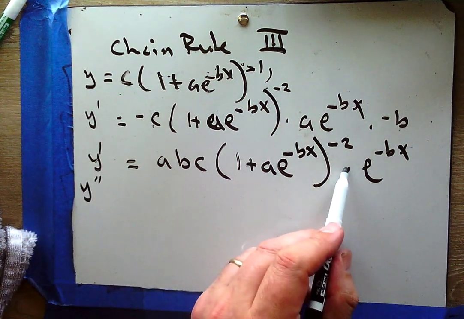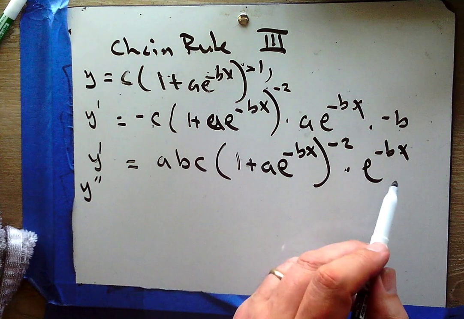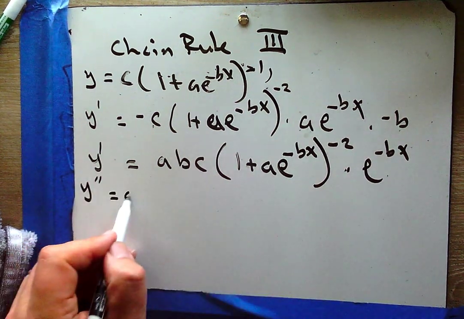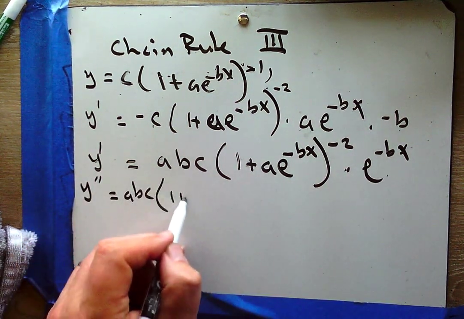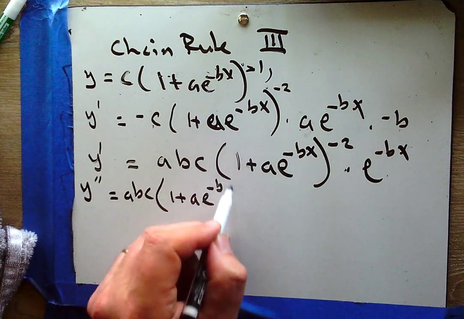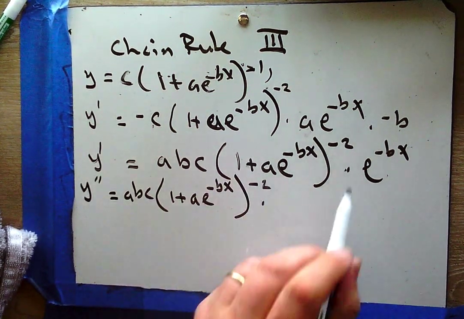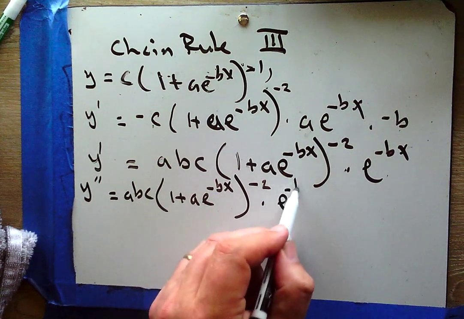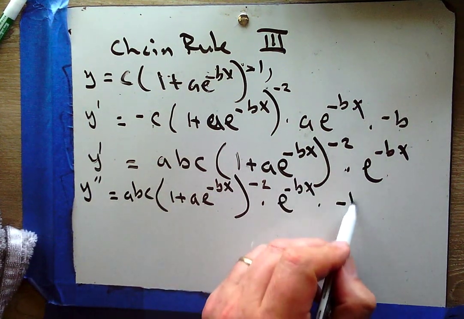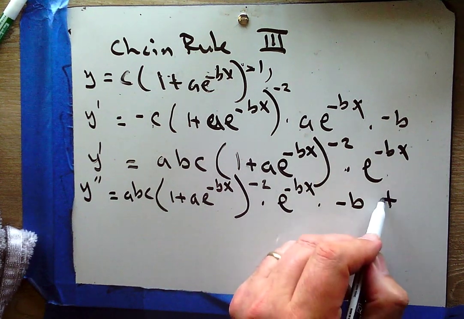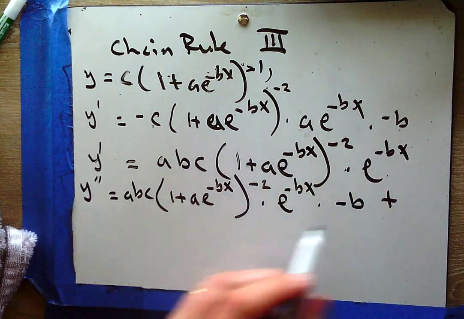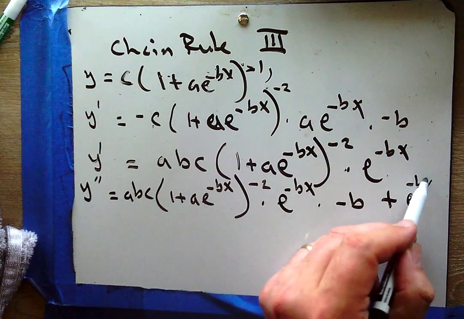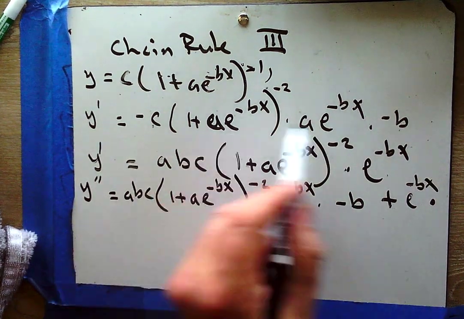So, again, I have the product rule. I have all this stuff times the derivative of that: (1 + a e^(-bx))^(-2) times the derivative of e to the stuff. The derivative of e to the stuff is e to the stuff times the derivative of stuff, plus this thing, e to the minus bx, times the derivative here.